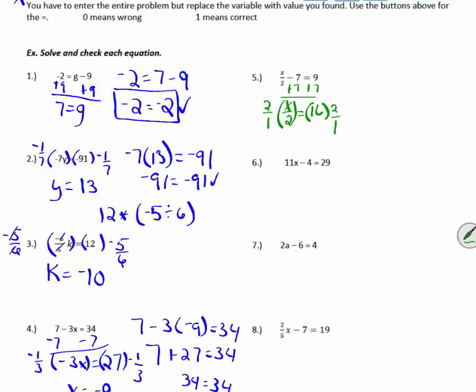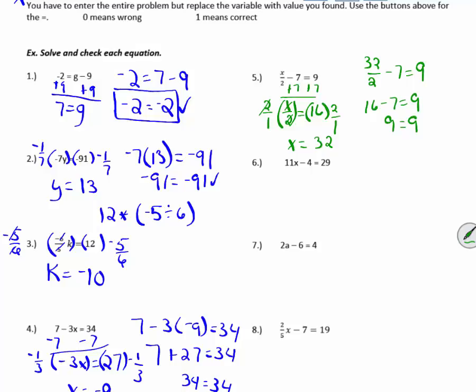The variable stays where it is. So these cancel. 16 times 2 is 32. So if I try that in my check, 32 over 2 minus 7, 32 divided by 2 is 16. 16 minus 7 is 9. So it did work.